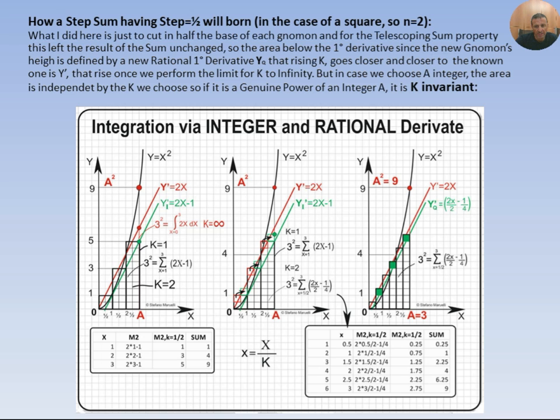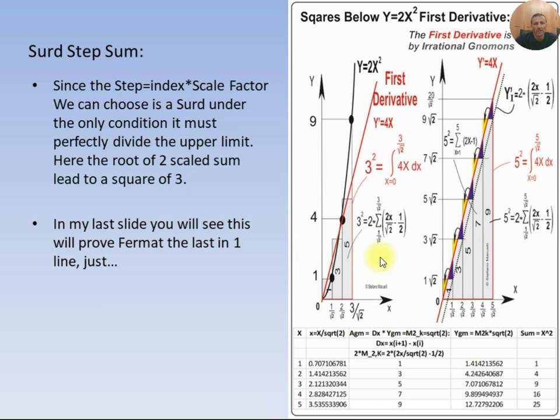For example, in case we change our function and we use now 2x squared, and we make a sort of summing in x, so we divide all by the square root of 2, we can represent the square of 3 as the sum going from 1 over the square root of 2 to 3 over the square root of 2 of this new irrational modulus.